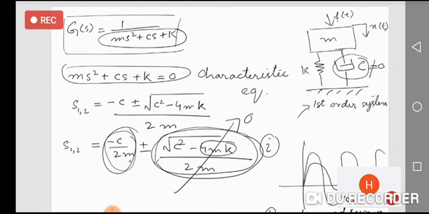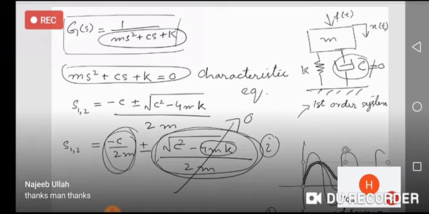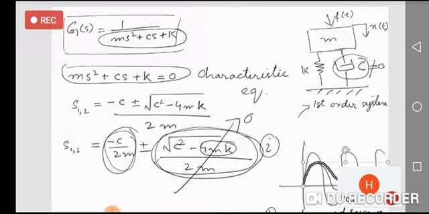So our response will be something like this. Okay? You're seeing a response, but there is no oscillation. The response just goes up to one extreme and then comes back to the 0 point. It doesn't cross the 0 point. It doesn't oscillate across the 0 magnitude.